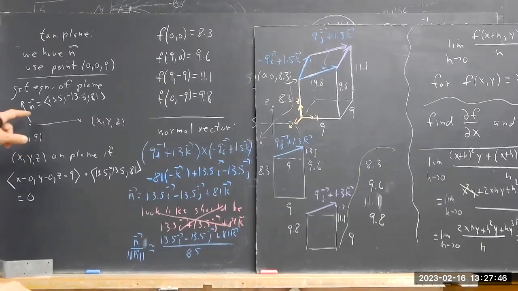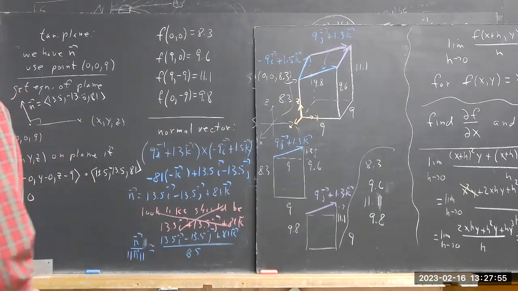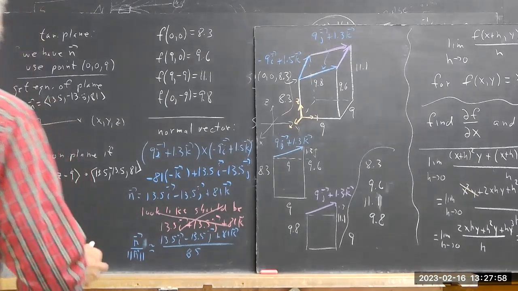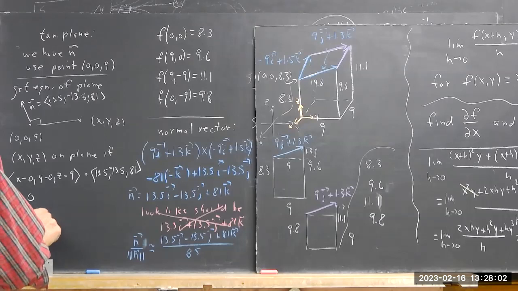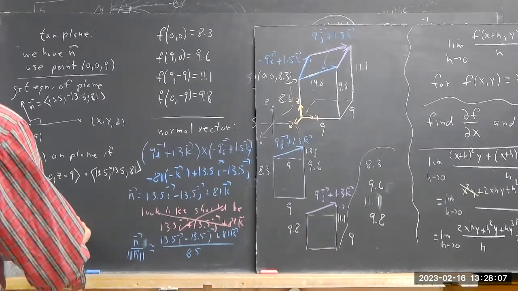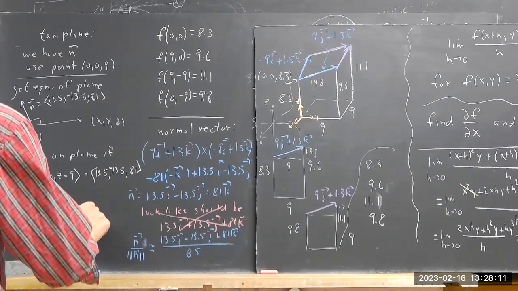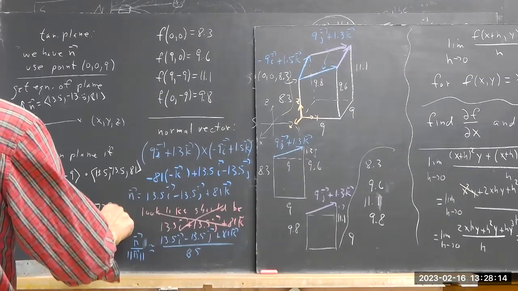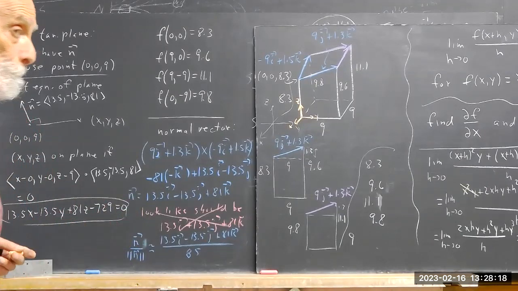You're on the plane if this line from this point to x, y, z is perpendicular to the normal vector. And then we can easily write that out as 13.5x times 13.5y plus 81z minus 729 equals 0. There's the equation of your plane.